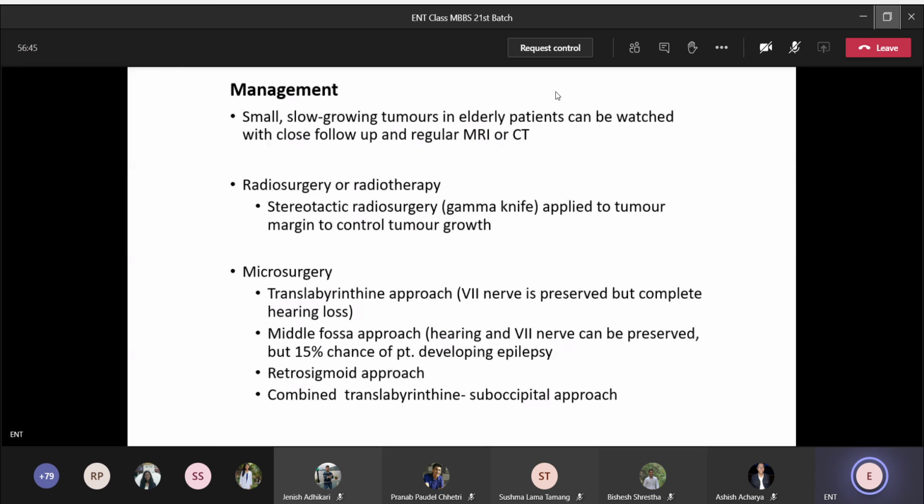In the middle fossa approach, hearing as well as the seventh nerve can be preserved, but there is a 15% chance of the patient developing epilepsy. And there's another approach, the retrosigmoid approach, and you can even combine translabyrinthine with suboccipital approach. So you don't have to know these surgeries in detail, but you should know what the approaches are.